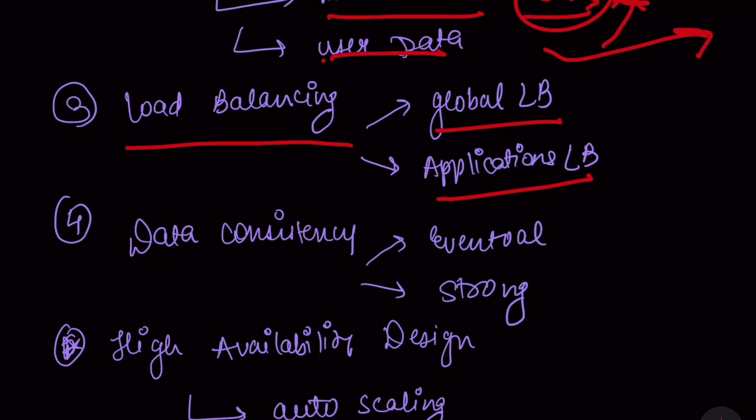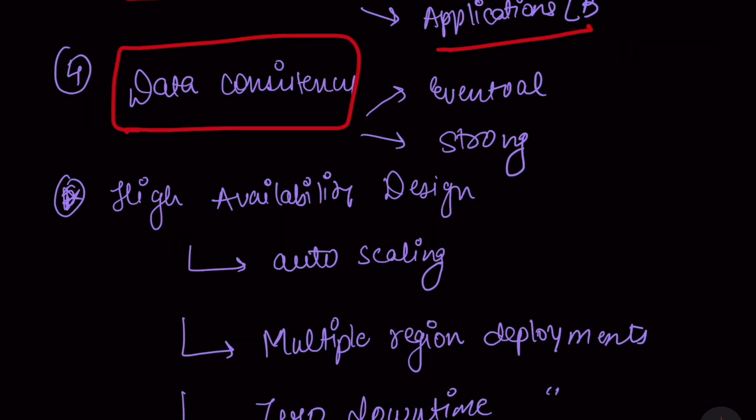At the application level, the load balancer will distribute the traffic among the multiple microservices. So if one microservice fails, the load balancer will redirect the request to another instance of the same service. Then we can even have data consistency. We can use eventual consistency or strong consistency for it.